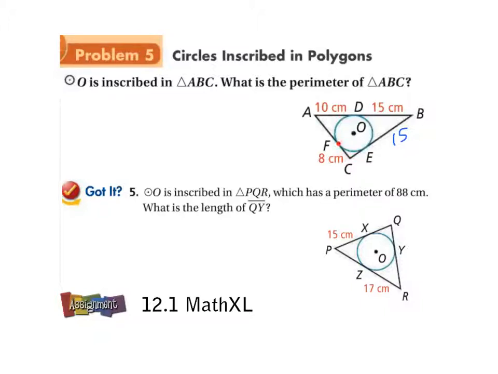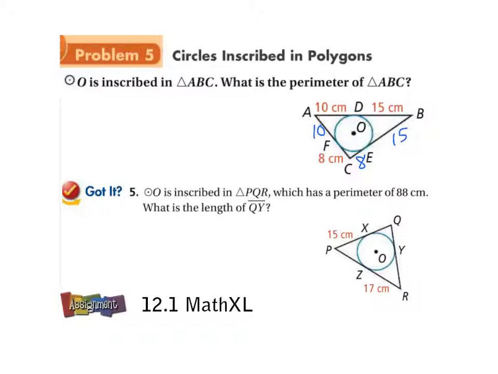This little tangent segment is 8 centimeters, so this little tangent segment is 8 centimeters. And then let's do it up here by A as well. This tangent segment is 10 centimeters, so this tangent segment is 10 centimeters. And the question is asking what's the perimeter of our triangle. So then I can add up all the sides.